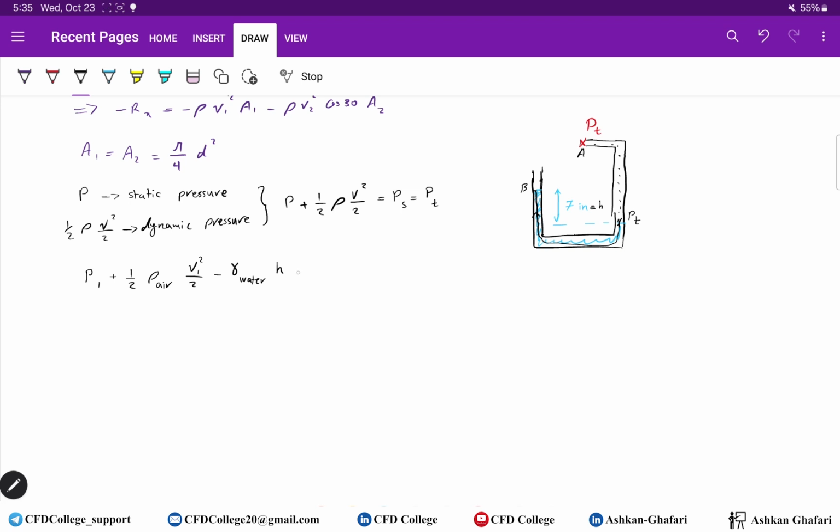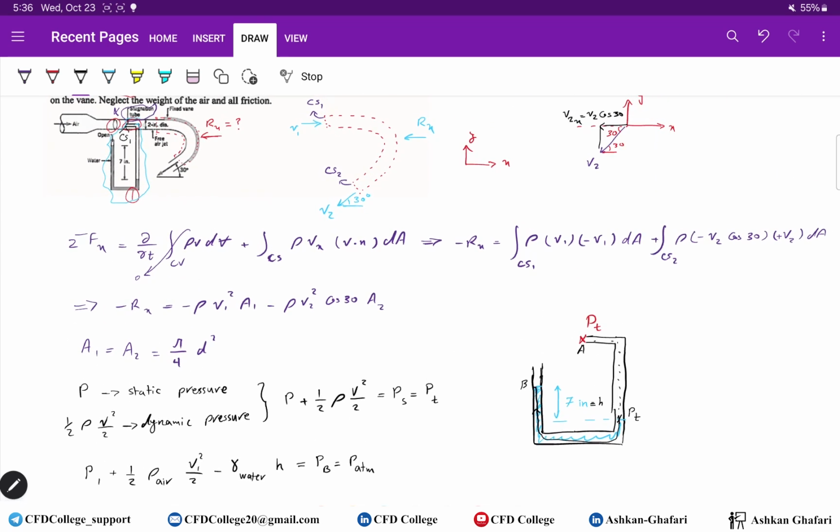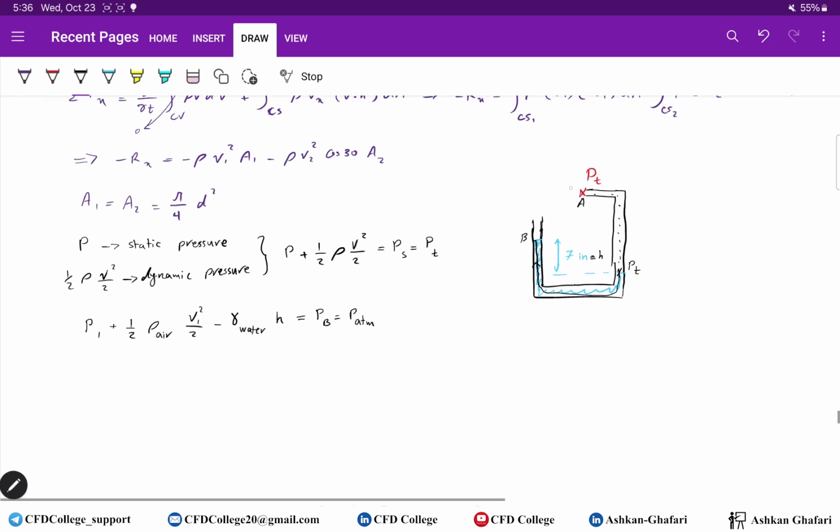We reach point B, which is atmospheric pressure, P equals PATM. But we know that the static pressure at this area is also atmospheric pressure because we have atmosphere there.